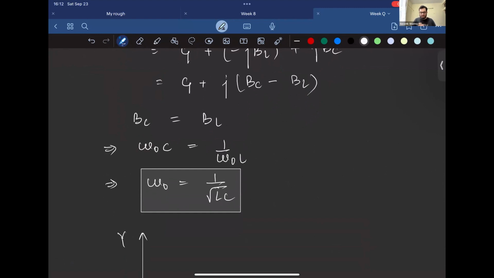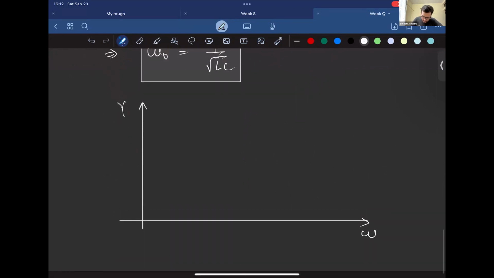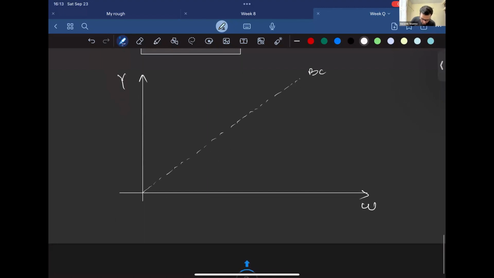As you can see, it's nothing but omega C, right? It's linearly increasing with respect to frequency.